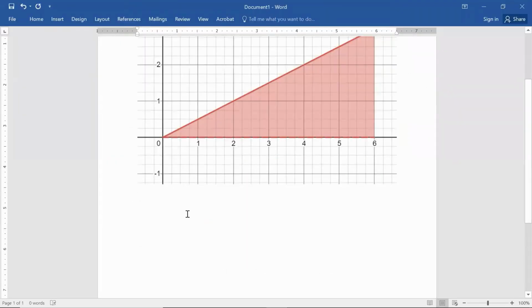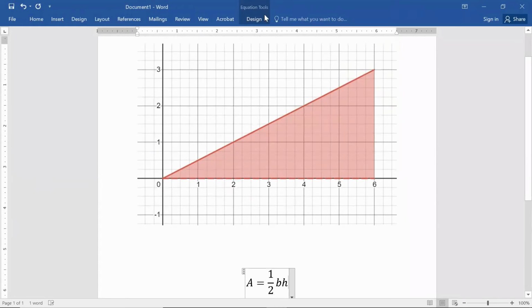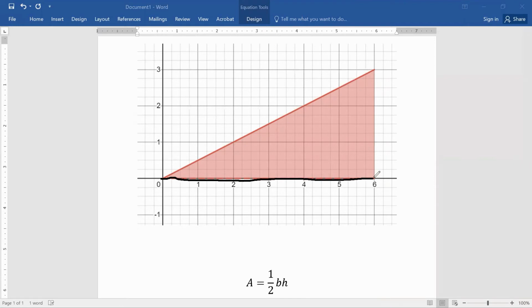Let's lay that out just so that we have a reference. Area of a triangle is 1/2 base times height. This is a right triangle. So when we look at the base, we're looking from 0 all the way up to 6. So the base is 6, and the height is from 0 on the y-axis up to 3 on the y-axis.